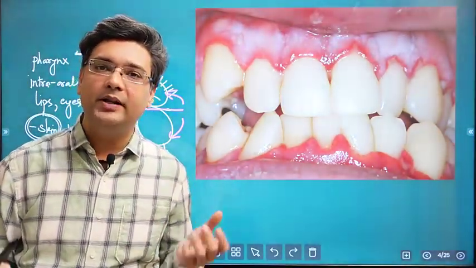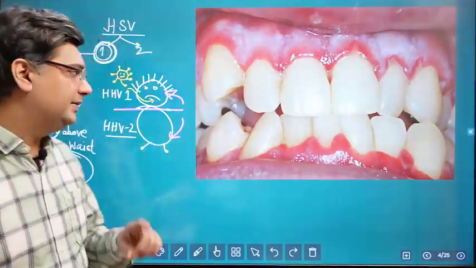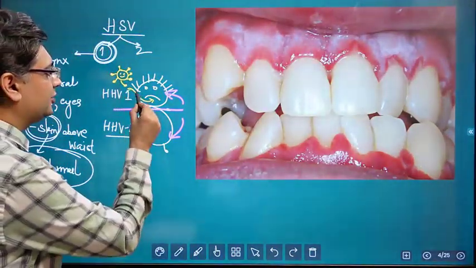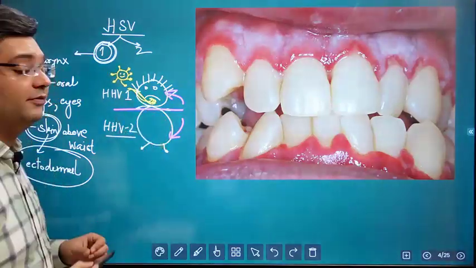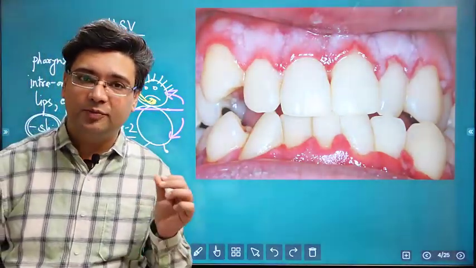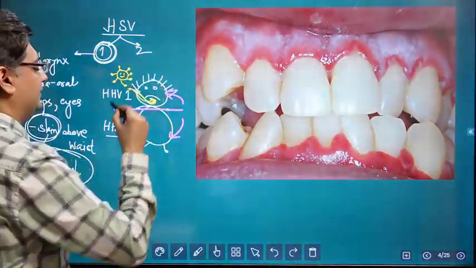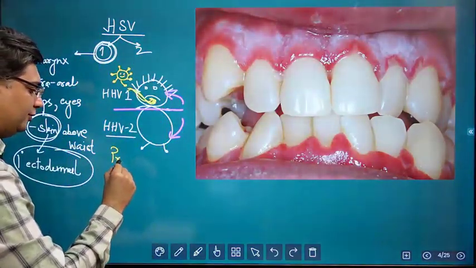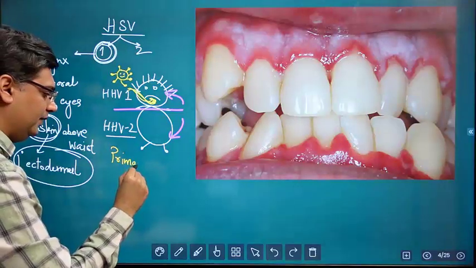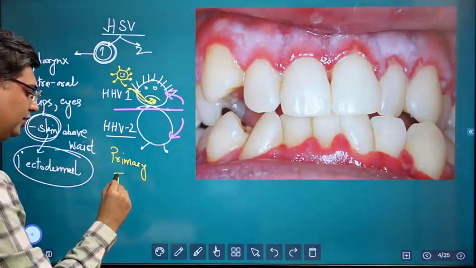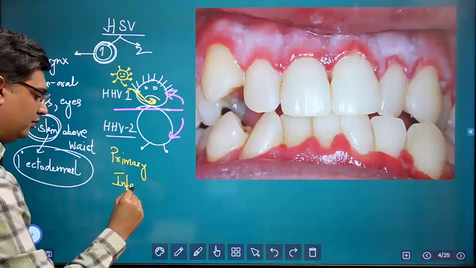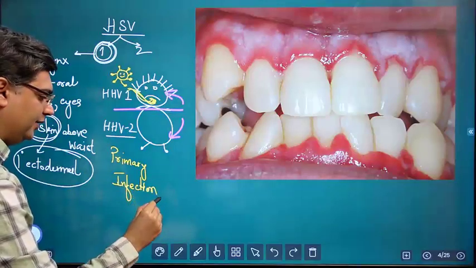That means the body will make antibodies. But since this is the first exposure in this person, who has never ever been exposed to the herpes virus, this infection is called the primary infection.